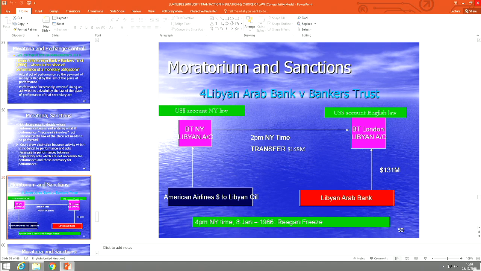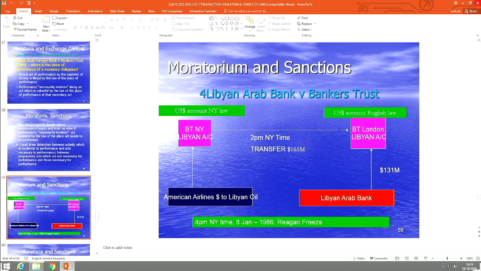Here's the factual background to the Reagan freeze. American corporations, for example, American Airlines, were buying oil from the Libyan government and Libyan corporations. There was therefore a huge dollar flow from companies like American Airlines to Libyan oil companies.